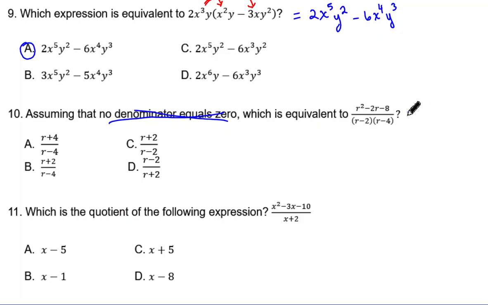I'll put 2 sets of parentheses in the numerator, and the denominator is already factored, so I'll just bring it over. So here I have r and then r, and I have to think about 2 numbers that multiply together to give me negative 8. At the same time, they have to add to negative 2. So that would be negative 4 times 2. Negative 4 times 2 is negative 8.